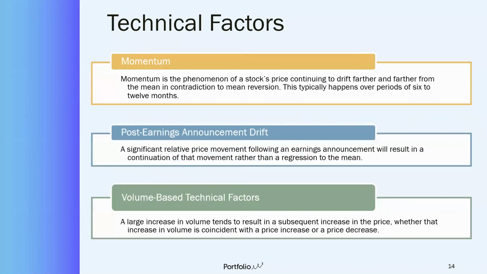Momentum is the phenomenon of a stock's price continuing to drift farther and farther from the mean in contradiction to mean reversion. And this typically happens over periods of 6 to 12 months. And now I'm going to explain why. Momentum is a reflection of a company's perceived performance and the slowness of the process of arbitrage.